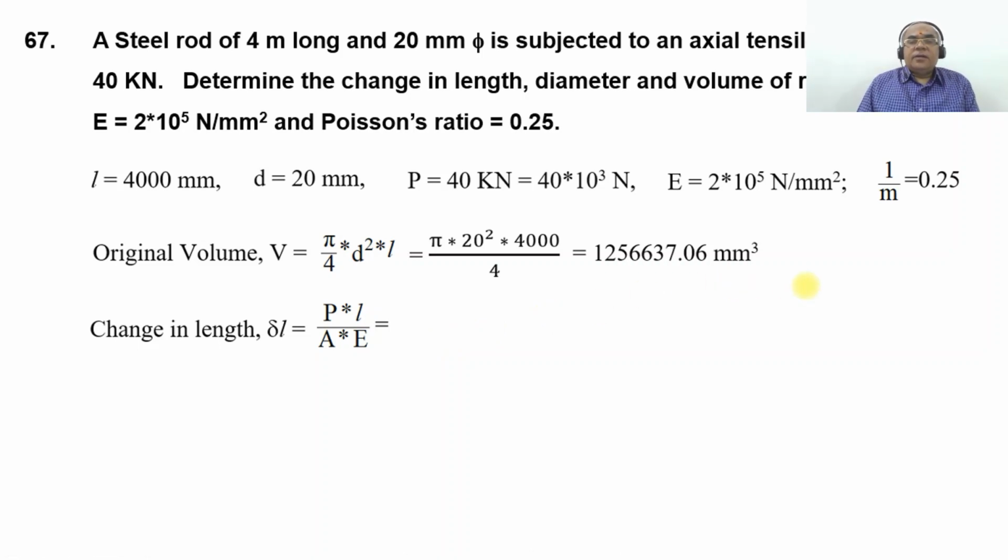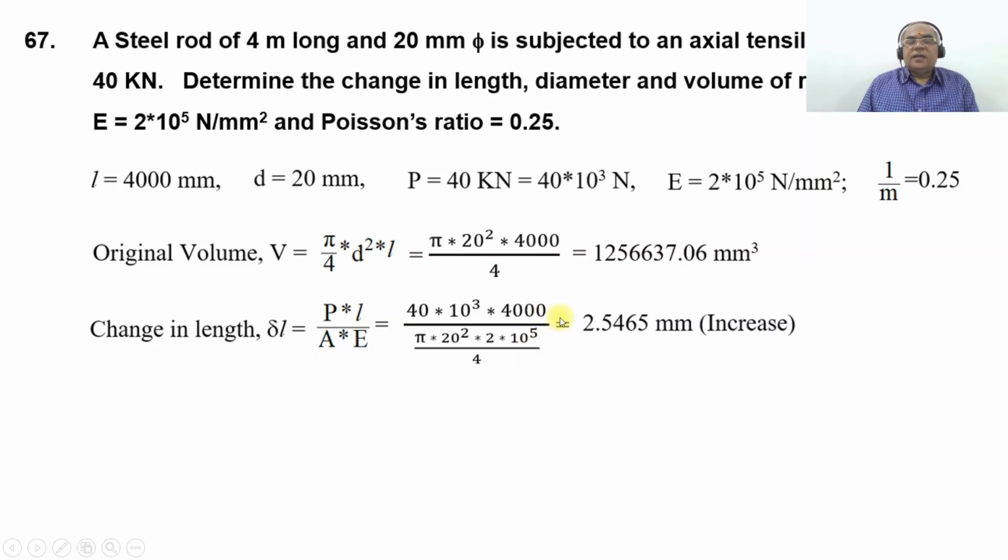So delta L equals P L by A E: 40 into 10 to the power of 3 into 4000, divided by pi into 20 square by 4 into 2 into 10 to the power of 5. On simplification, you get the change in length as 2.5465 mm, which is an increase in length, because it has been applied with the tensile load. Since it is along the length of the member, naturally there will be an increase in length.